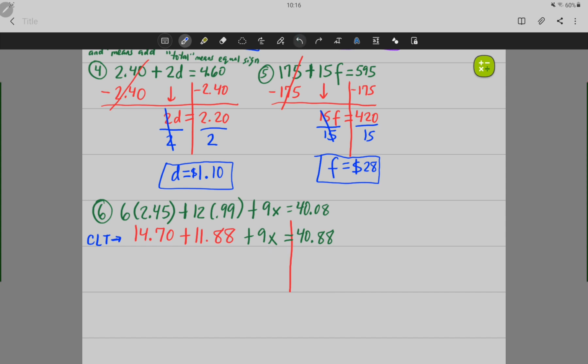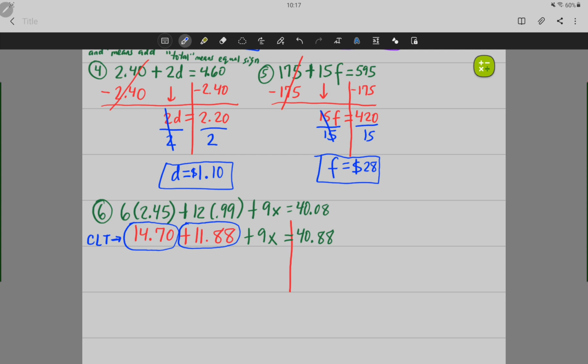Unfortunately, no, I don't. But I do have constants on the left side. Remember, a constant is just a number with no variables attached. So I see this one, $14.70. And I see this one, $11.88. So let's combine them.